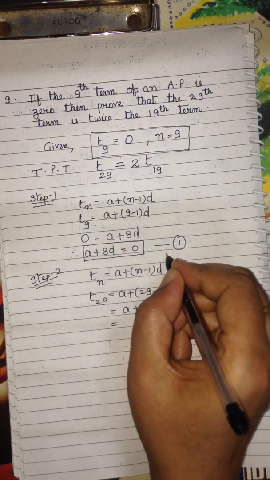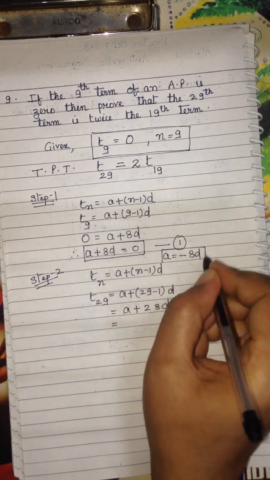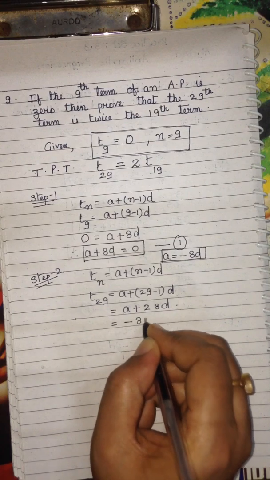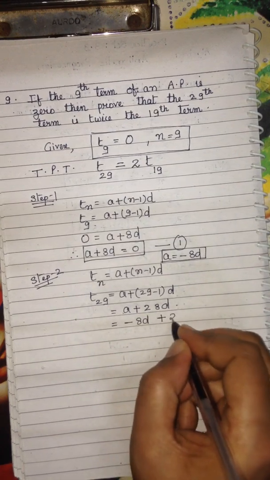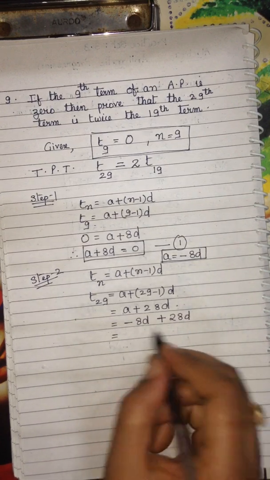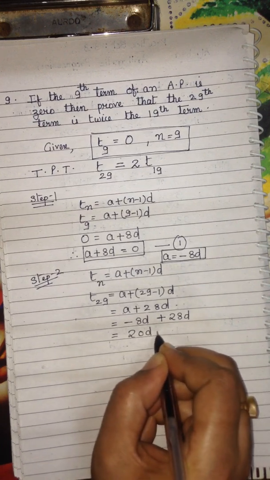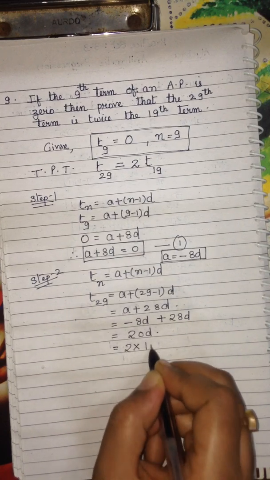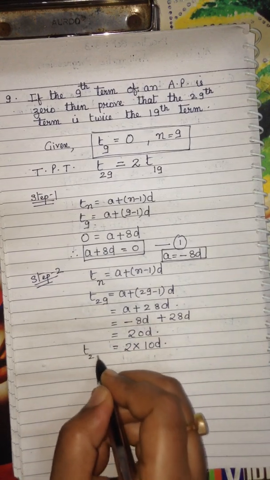From here you can write A is equal to minus 8D. Is it so? So let us write in place of A, minus 8D plus 28D. What does it give us? Minus 8 and plus 28 gives us 20D, and can we write this as 2 multiplied by 10D? Alright, let us keep it with us.